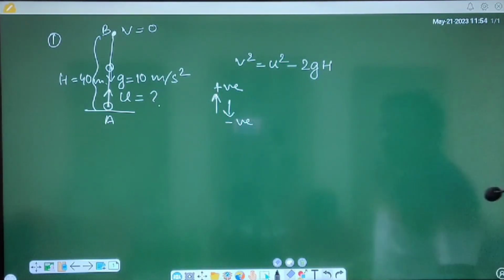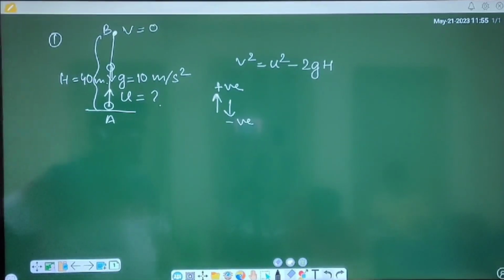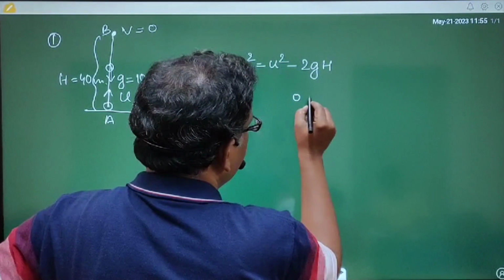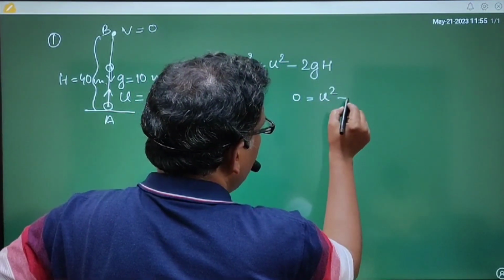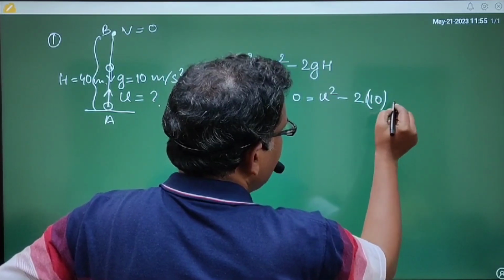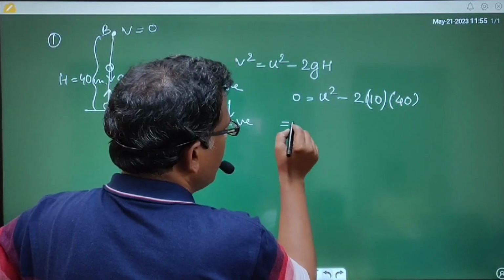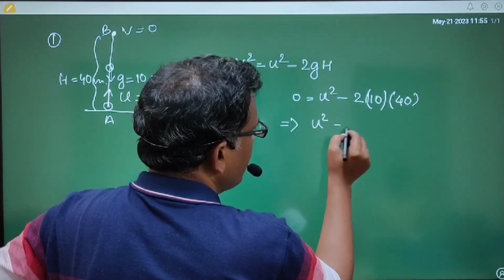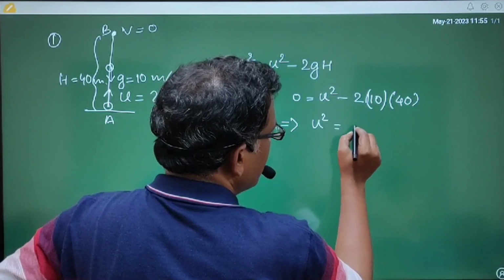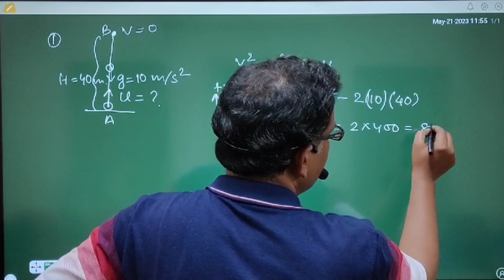So positive sign will be used for the terms U and H. V is numerically 0, g to be taken negative. So I should write final velocity 0, initial I don't know, minus 2 into g as 10, and H is 40 plus. Simplifying this, U square will be 2 into 400, which is altogether 800.